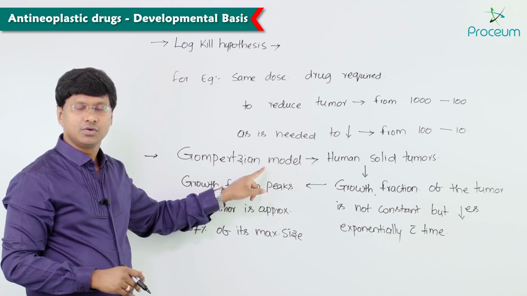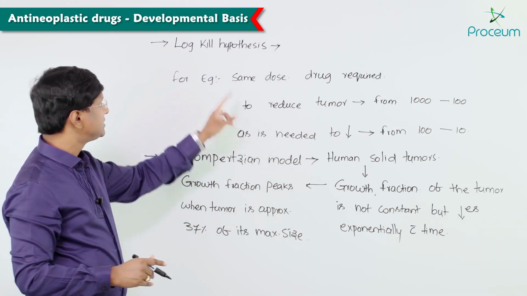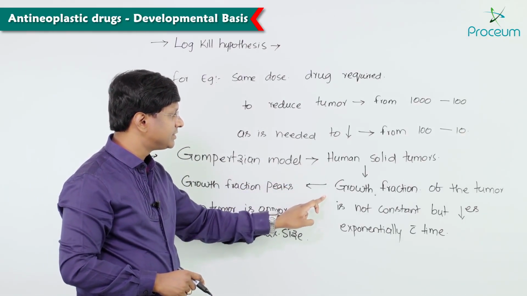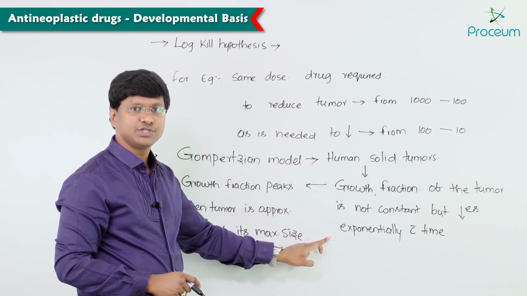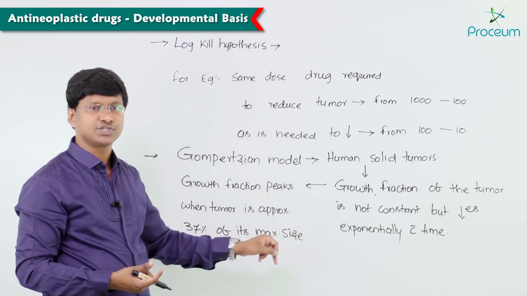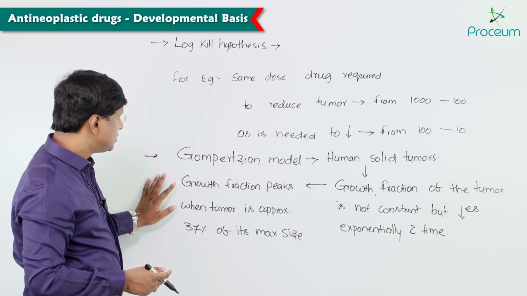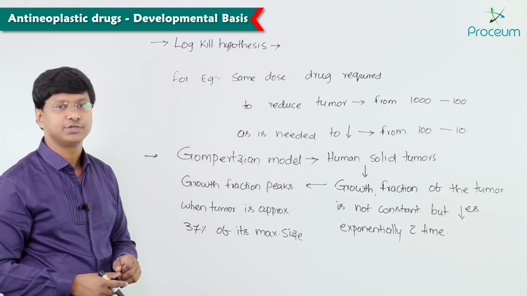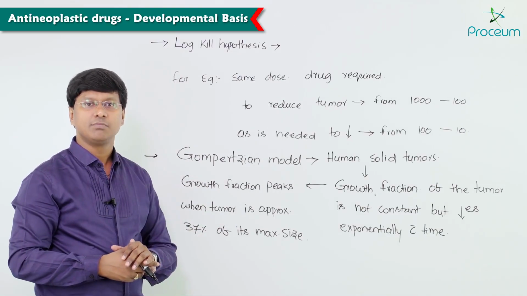I'll repeat again. The Gompertzian model is followed by human solid tumors. They do not follow the log-kill hypothesis because the growth fraction of the tumor is not constant but decreases exponentially with time. Growth fraction peaks when the tumor is approximately 37% of its maximum size, and this model is known as the Gompertzian model.